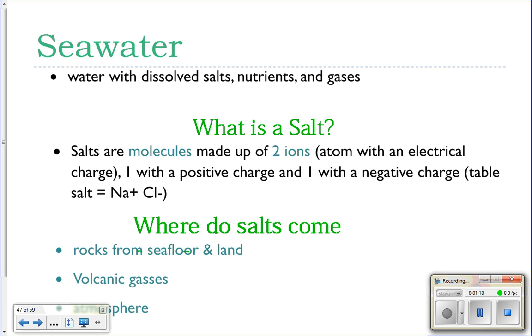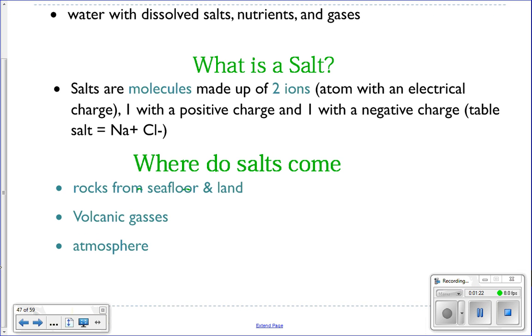Salts in the ocean come from several different places, but one of the main places is from rocks on the seafloor. Any salts in rocks on the seafloor will dissolve into the water and become part of the salts in the water.